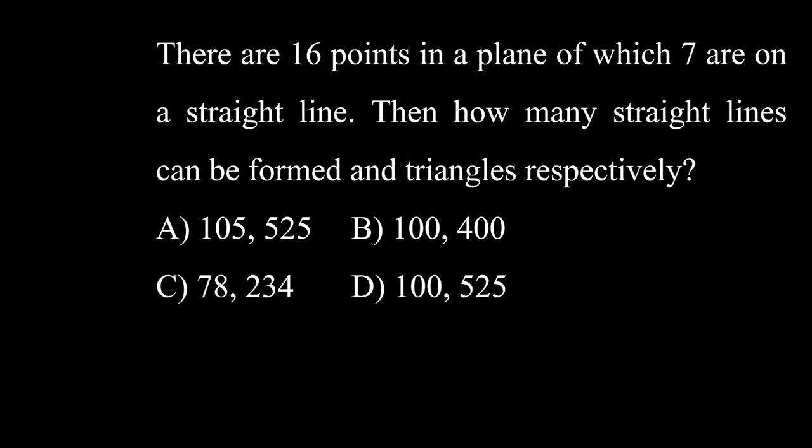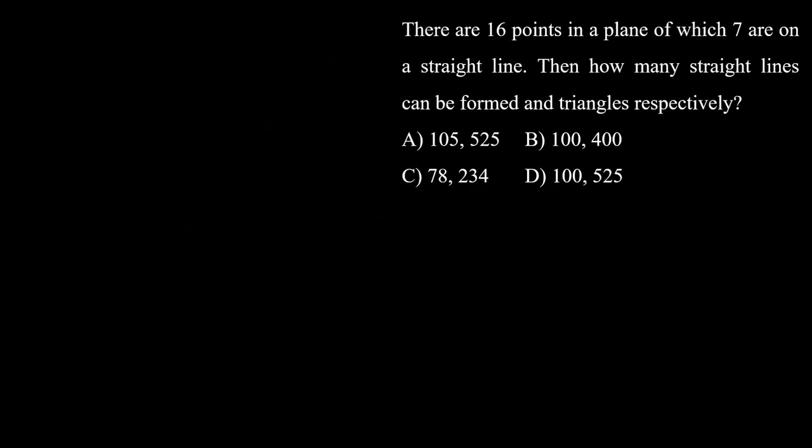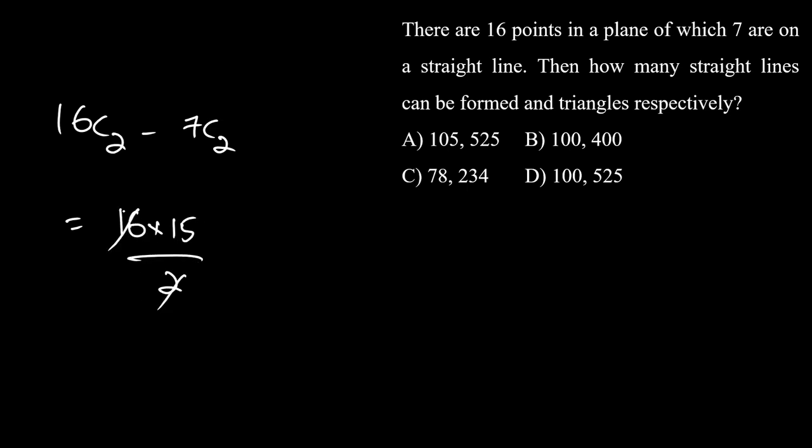We have to remove 7 into 6 divided by 2, which is 21. So out of 120, 21 will be removed. 16C2 minus 7C2, the first one. 16 into 15 divided by 2 is 120.